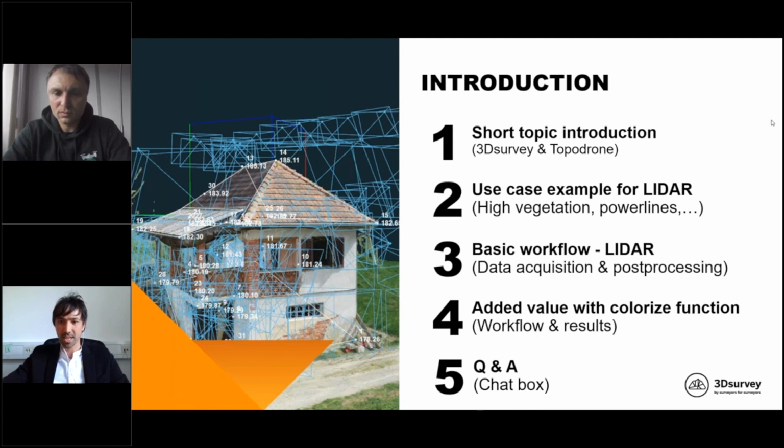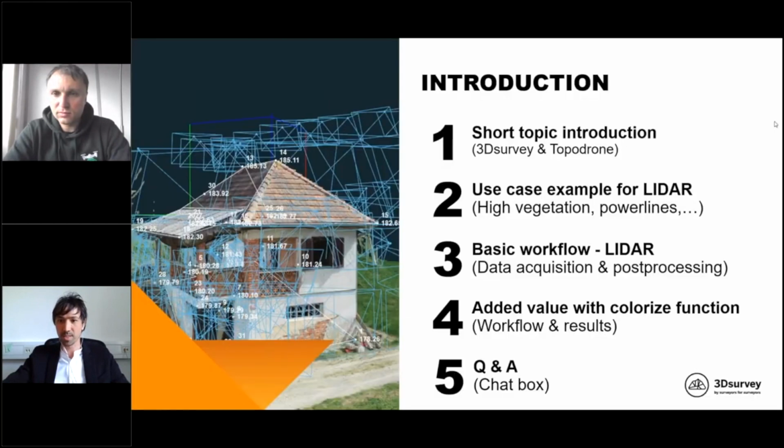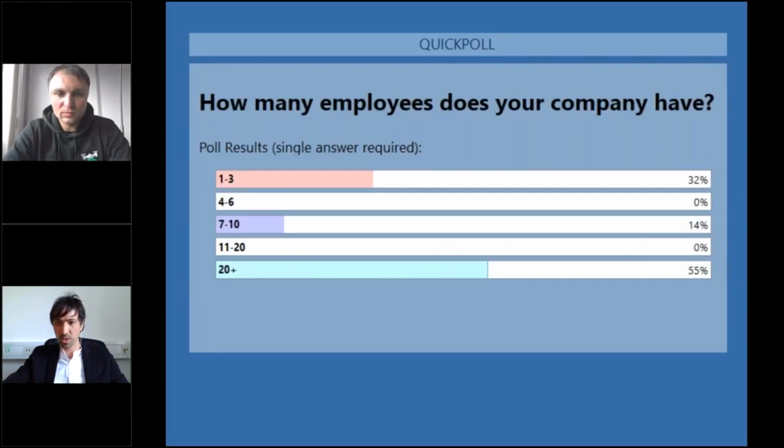And this is actually, how many employees does your company have? So 1 to 3, like a small company, 4 to 6, 7 to 10, 11 to 20, or plus 20. Okay, again, we have more than 60% of results. Let's close the poll and share the results with you.